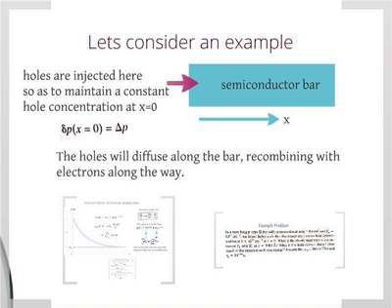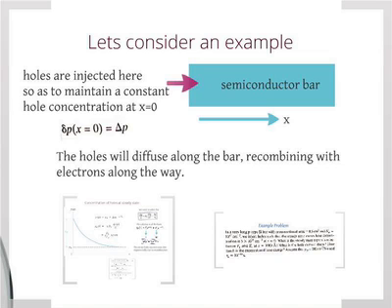Now, of course, as they diffuse, as we know, they will recombine, and at some point they will die off. Basically, they will go away, right? So one would expect, if I were to draw what happens in steady state, this is delta P, the excess concentration of holes.